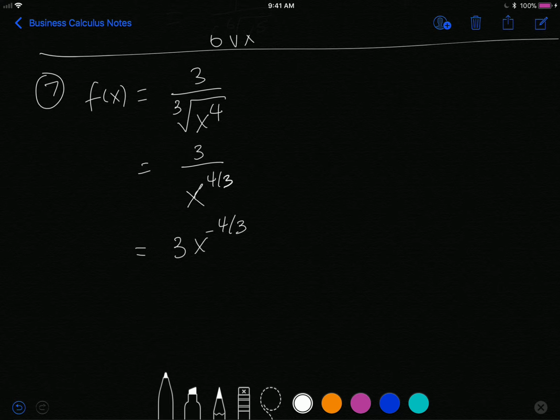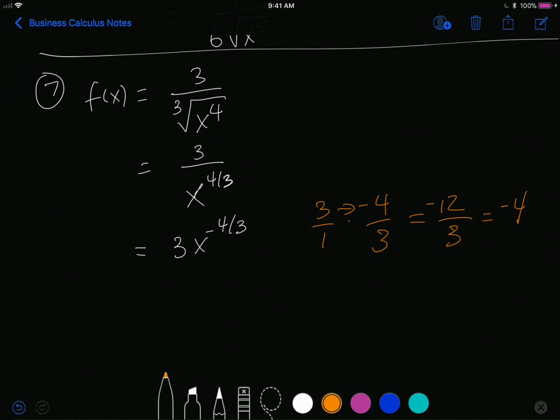Now I am ready to go ahead and take my derivative, and so it means I will need to multiply these two together, and so that is 3 over 1 multiplied by negative 4 over 3. Multiply, of course, 3 times 4 is 12, negative 1 times 3 is 3, and of course this divides, and so that leaves me with negative 4.